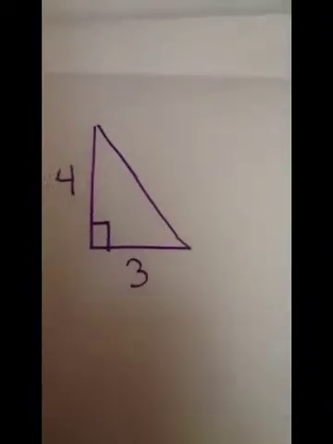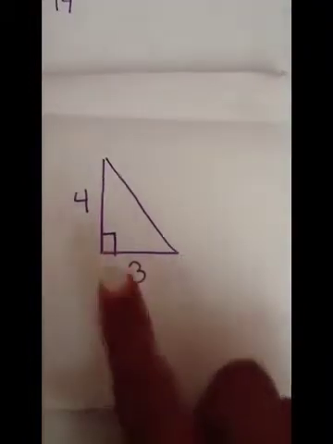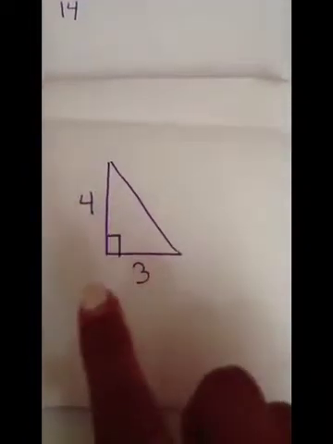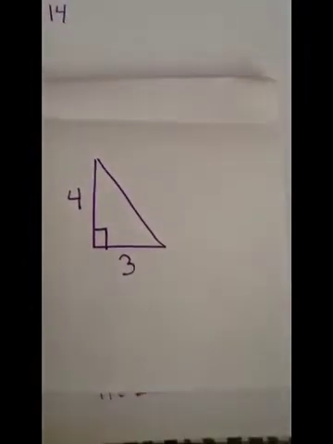So on a triangle like this, where it's obvious to see the base and the height, 3 is the base, 4 is the height, you could just do base times height divided by 2.